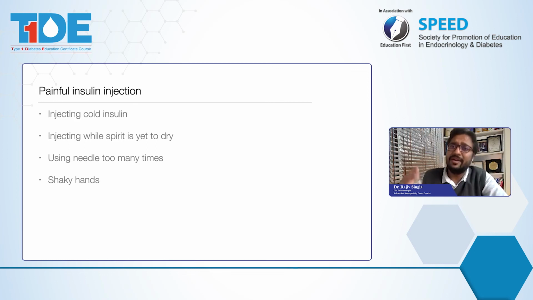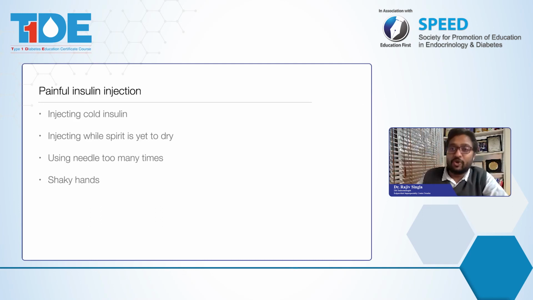Taking insulin can be a painful experience, but there are a few things that we can do to avoid that pain during the injection. The injection should not be injected cold. We need to take it out of the refrigerator at least 15 to 20 minutes before we inject.